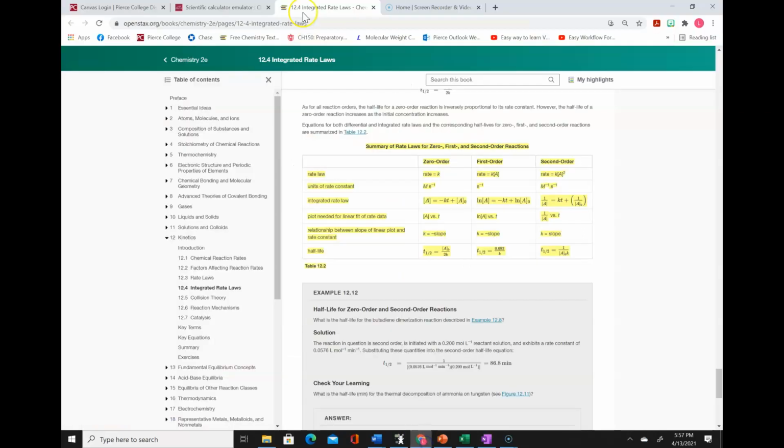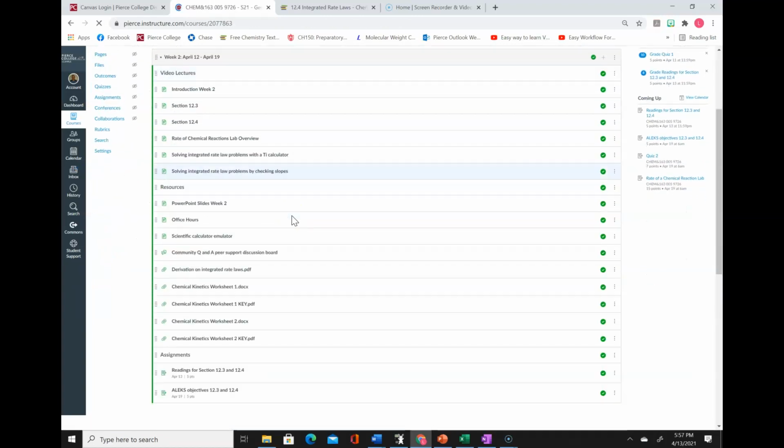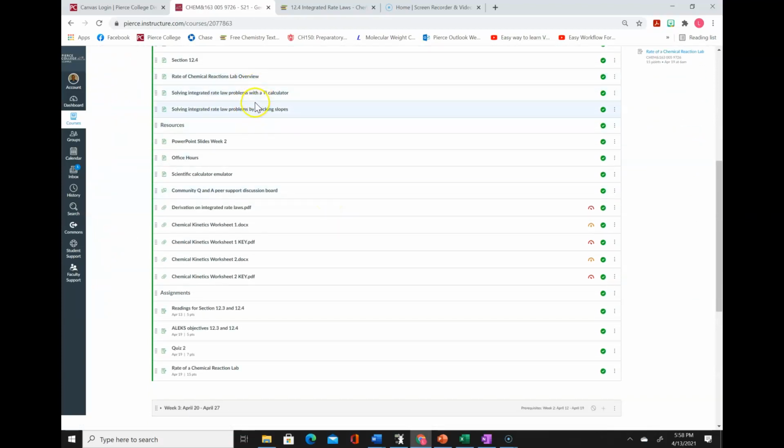Now, if you go into Canvas, there's a couple of things here. We've got this scientific calculator emulator, but in the module for this week, in addition to that, I've got these 2 videos here that show you 2 ways of solving integrated rate law problems. One using the calculator, just like what I did, and then another one for those of you that are calculator resistant.